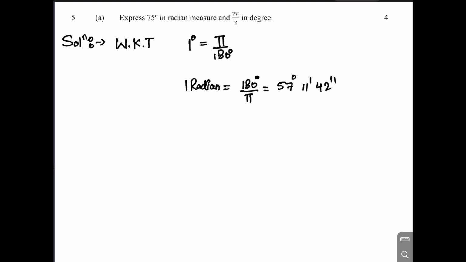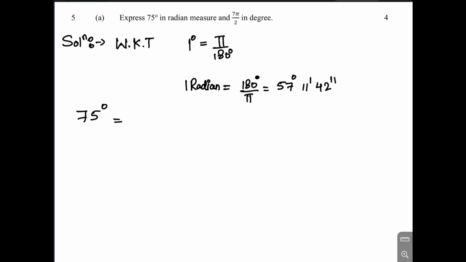Now let's try to solve. We need to find out 75 degree in radians. So we can use this formula first: 1 degree equals pi by 180.